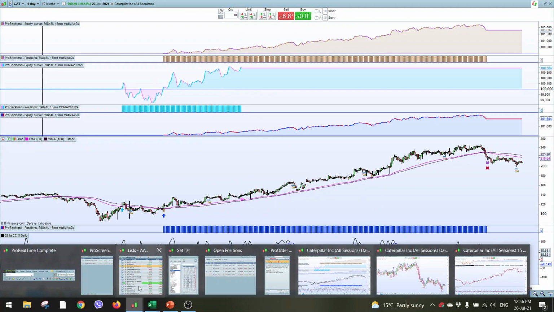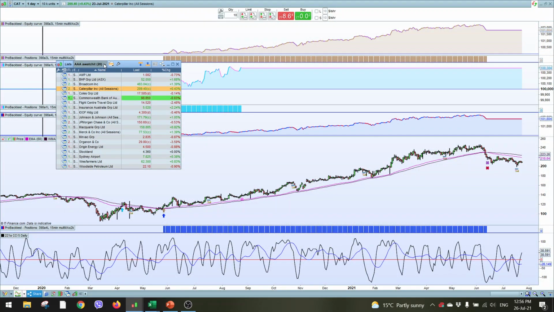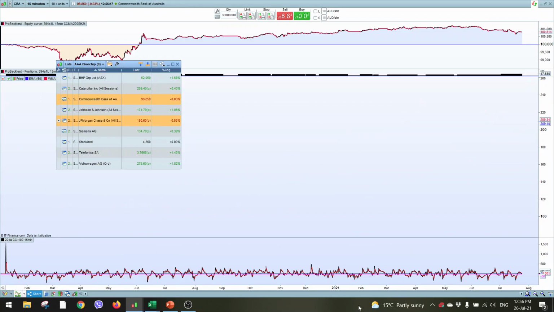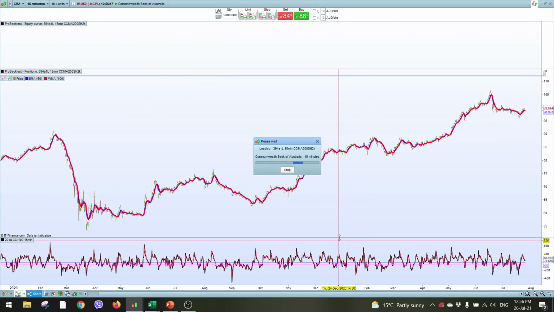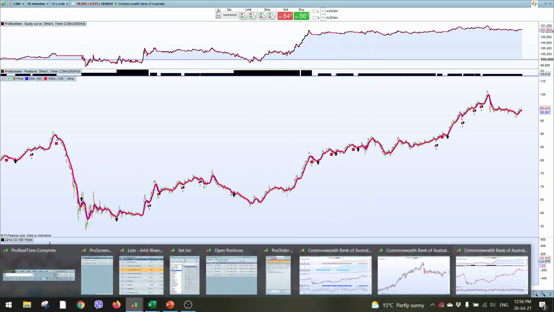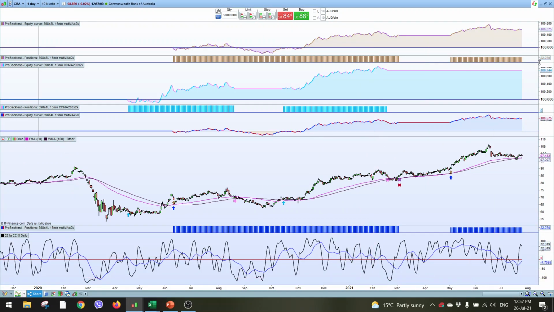Let's go back to Commonwealth Bank. What I'm doing here is just showing you the back testing and how to compare like for like. So 575 versus 575, that hasn't changed much.